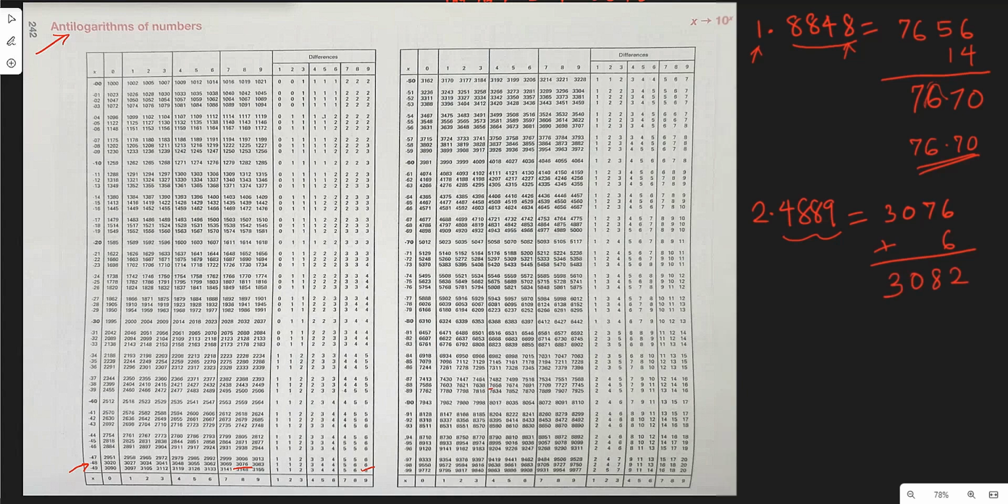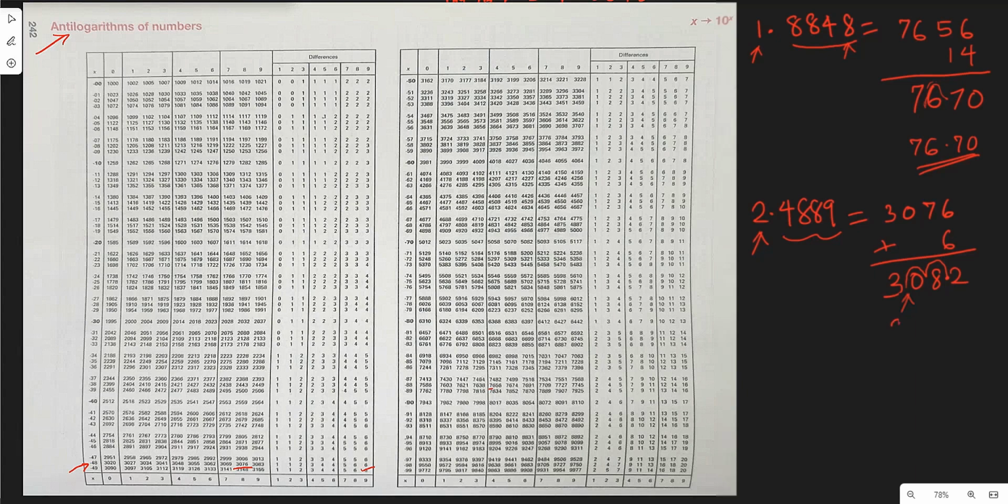Now where do I place the decimal point? We look at this number 2. It's safe to assume that the decimal point is here, and then you count 2 forward because it is a positive number. 1, 2, and it lands here.